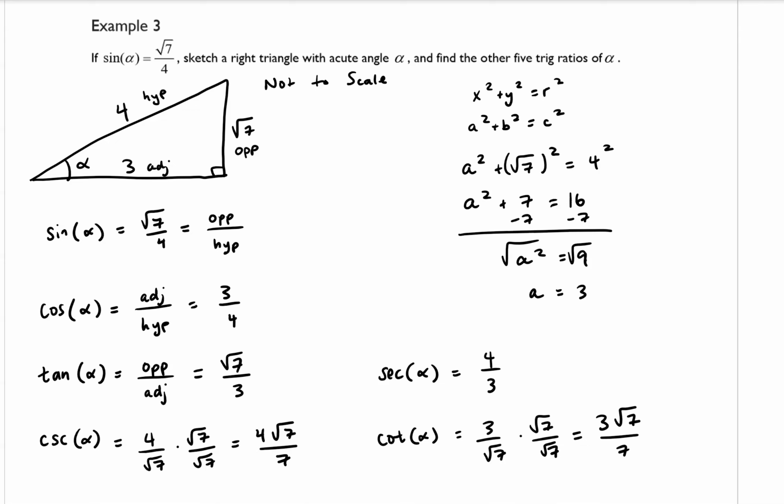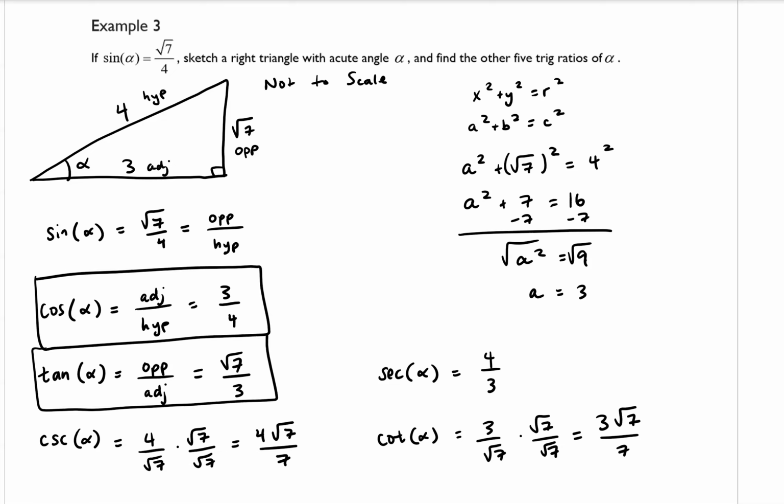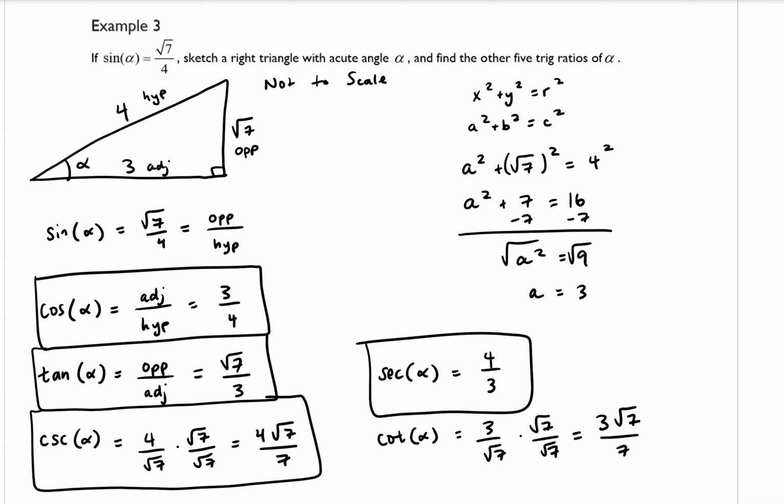So those are our 5 trig ratios that we were solving for. And that is how we find them.